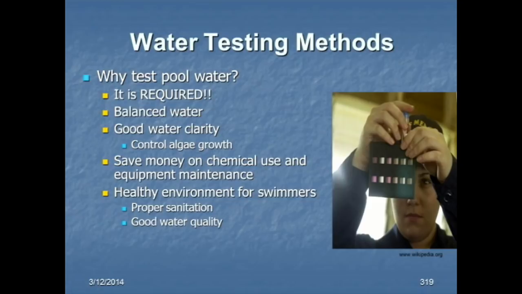And one more valuable tool: during complaints, even potential lawsuits against your facility, good water testing procedures, good water balance, and good water clarity can save you in those types of situations.